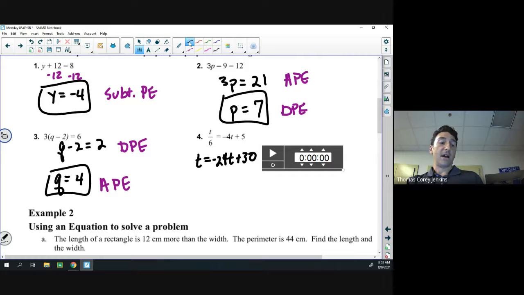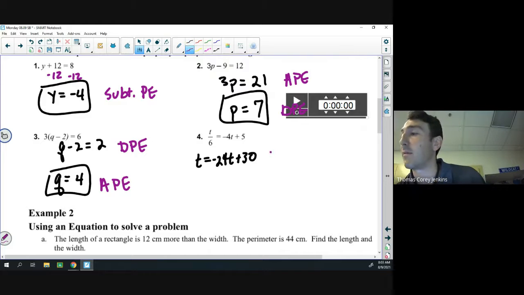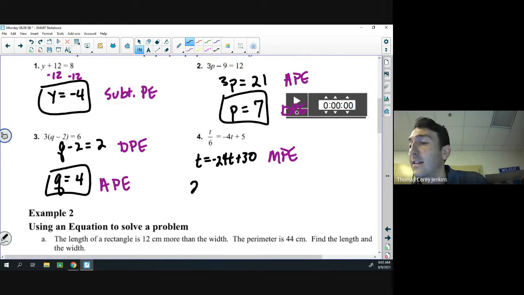From there, we'd probably just want to move our t's to the same side. So that was the multiplication property. So then I would add 24t to both sides. That's going to give me 25t equals 30. And then, of course, divide both sides.